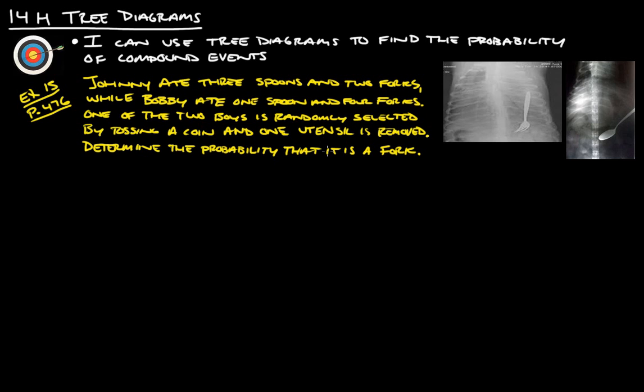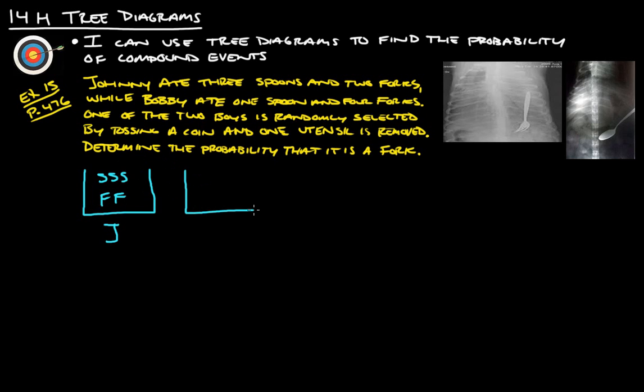Okay. So, a couple different ways we can look at this here. Let's take each kid here and use them as a little, here's their forks and spoons. Okay, so let's call this one Johnny. So he has 3 spoons and 2 forks.